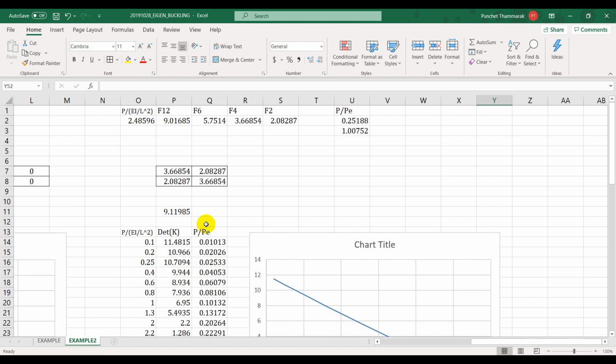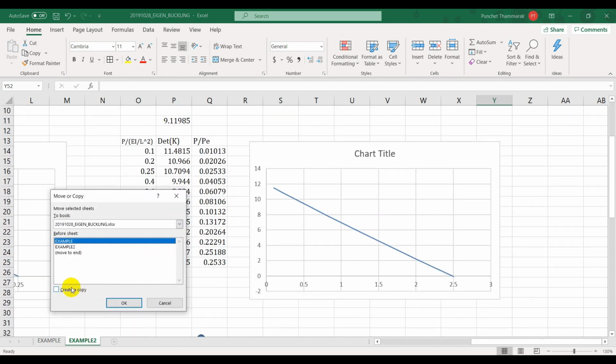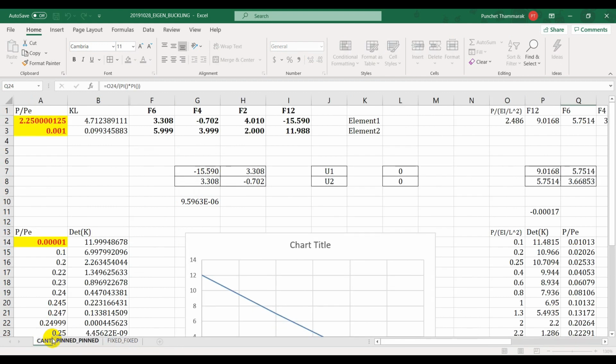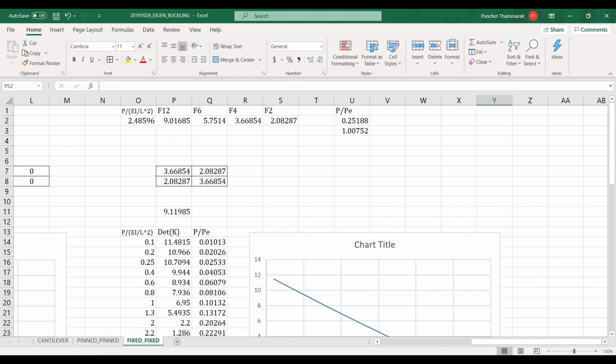Number 3 is the fixed case. Second one is a pin. Cantilever. Fix and fix.